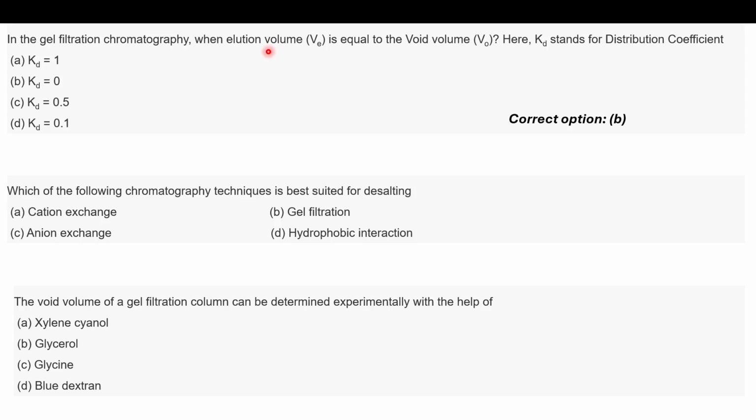If the elution volume and void volume are equal, then VE minus V0 will be 0. So your KD will be 0.